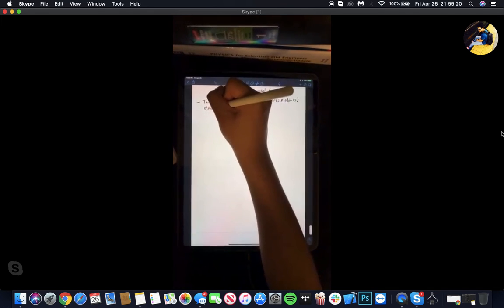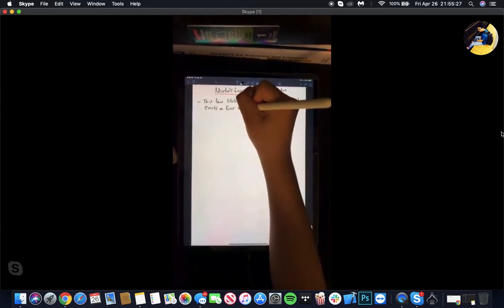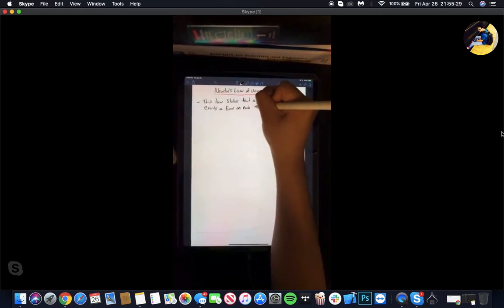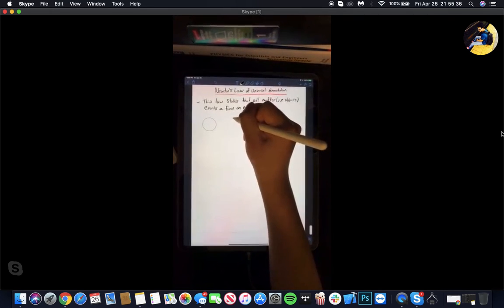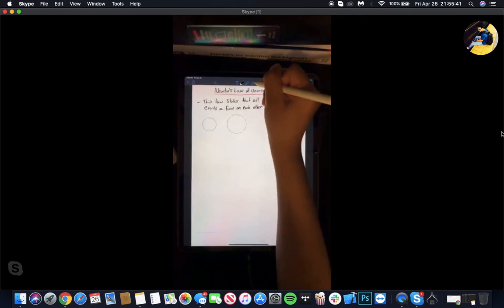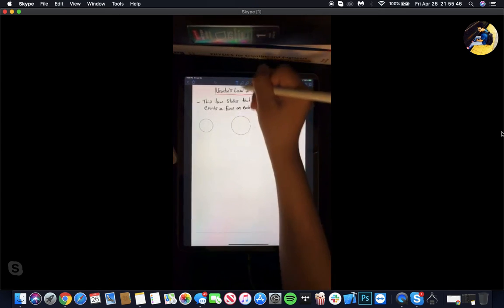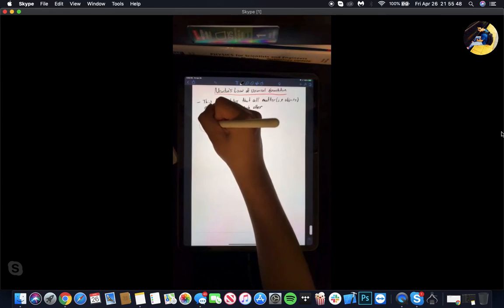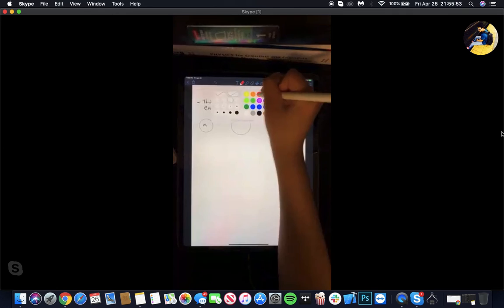Just like the sun and the earth. There's some gravitational force, exerts a force on each other. So we got this circle right here. That'll be mass 1, a bigger mass. Okay, so let's say this is mass 1, and let's say the red dot is the center.